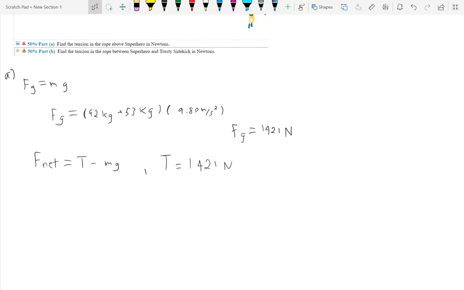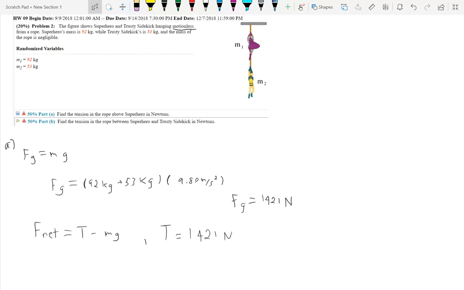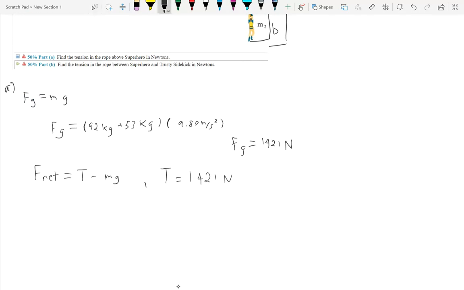Yes. This is just for part B. Part B. Okay, so I did like the second mass M2 in this case. So for part B, you take M2, which is just 53, and then you times that by gravity. So it's a positive 9.81.